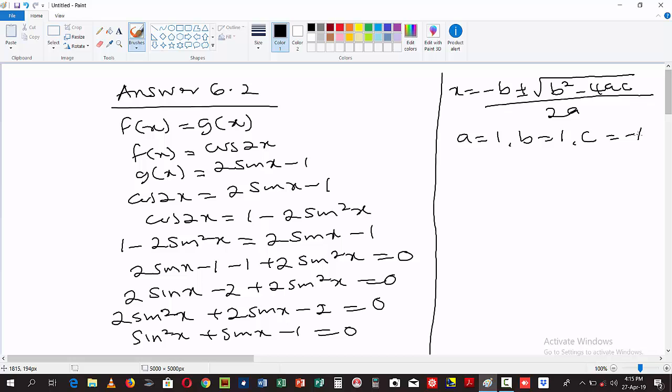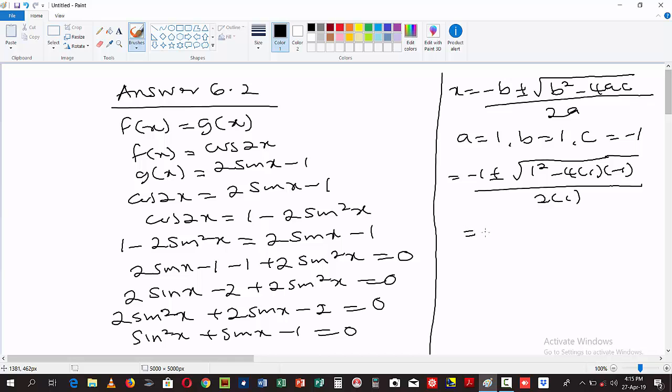So let us now apply the formula. The formula states, which is going to give us minus 1 plus or minus square root of 1 squared minus 4 into 1 into negative 1, divided by 2 into 1.